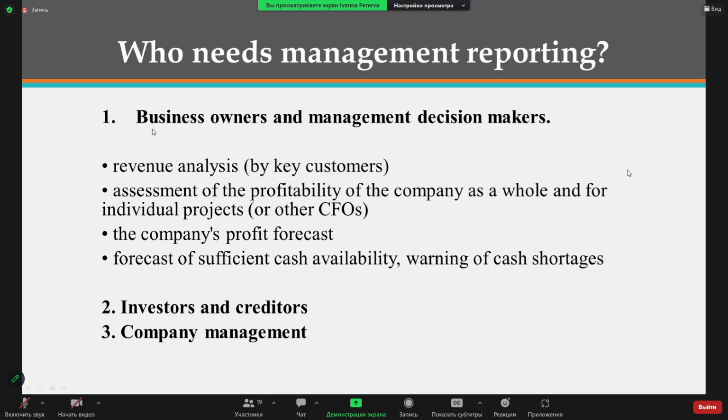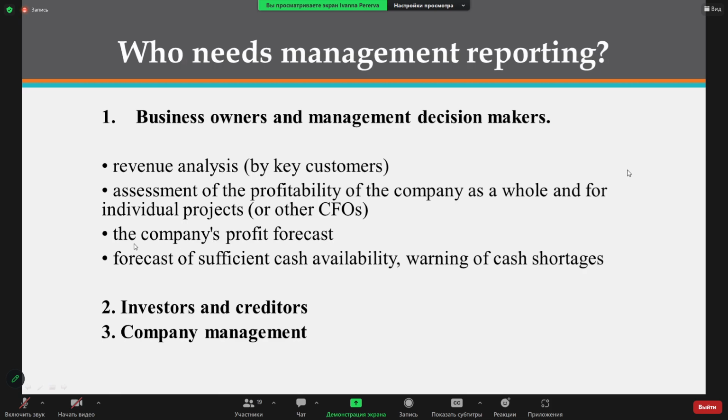Very often our business owners use management reports to conduct revenue analysis, to assess the profitability of our company as a whole and for individual projects, as I mentioned.